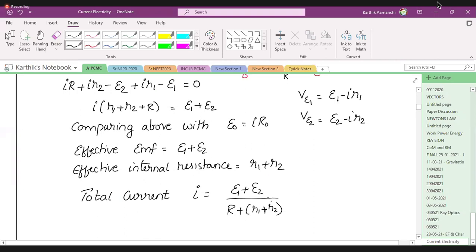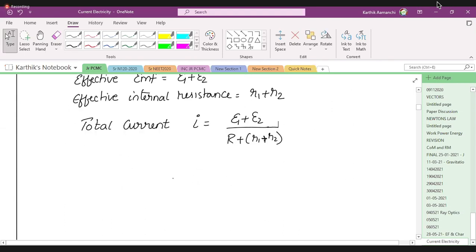Now, if your polarity is reversed, that means I said the batteries are connected in this way, isn't it? If this is how your battery is connected, you got this formula. Now, imagine if the battery is connected like this, polarity reversed.